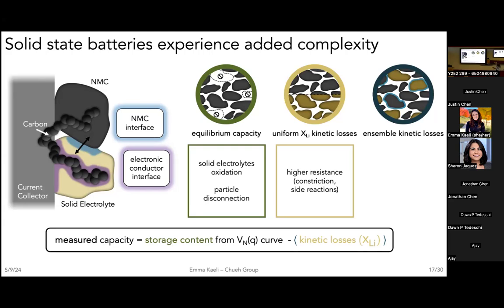Additionally, the constriction from those solid-solid contacts is again going to lead to higher resistance when compared to the lithium ion battery. And then finally, if we're considering the ensemble, we do have these highly heterogeneous contacts, so we are going to have an exacerbation of the issues in terms of differences across lithiation state.